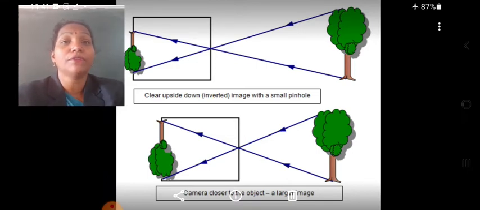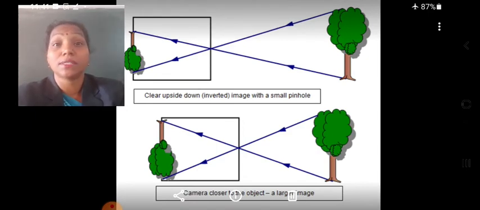On the screen of the pinhole camera, we can see an inverted and real image due to the rectilinear propagation of light.